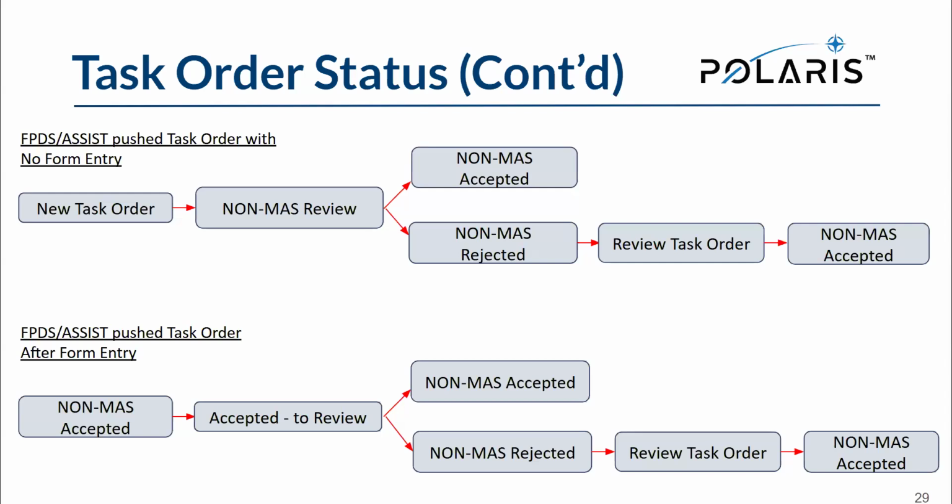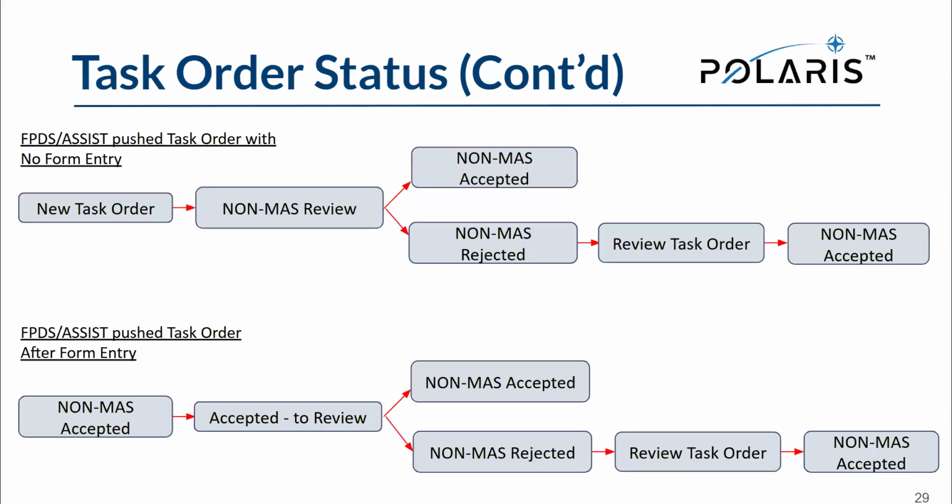If data is pushed into SRP with no prior manual entry of the task order, the first status would be new task order, letting you know a new task order is in the system and requires your action. And after your updates, the status will change to non-match review, notifying you that the program office is reviewing the order.